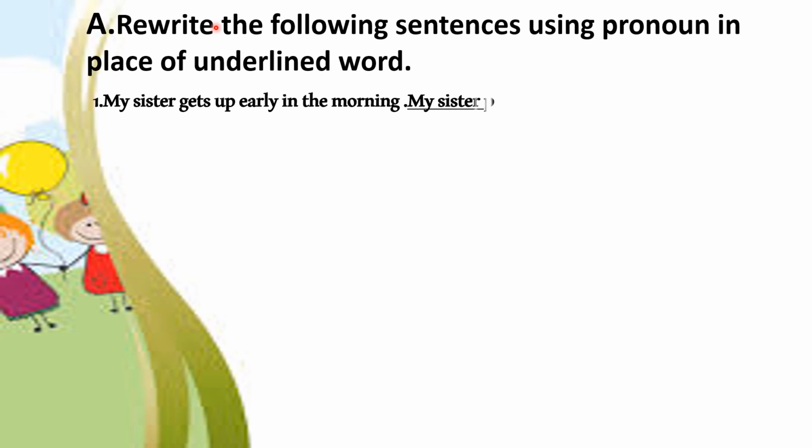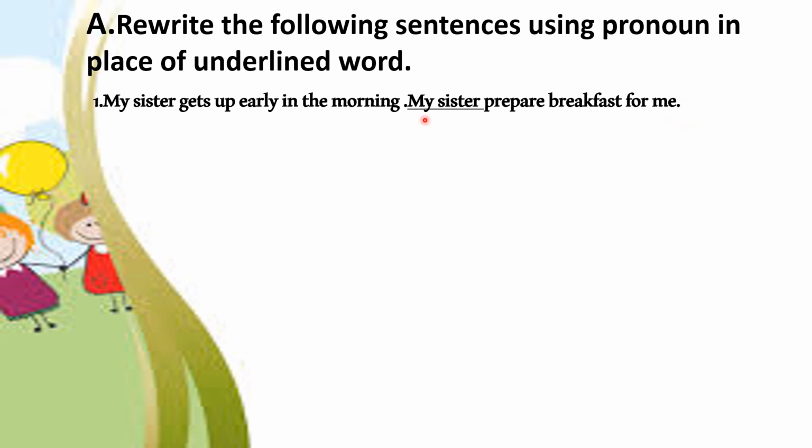A. Rewrite the following sentences using pronouns in place of underlined words. Let's begin, children. First one. My sister gets up early in the morning. My sister prepared breakfast for me.